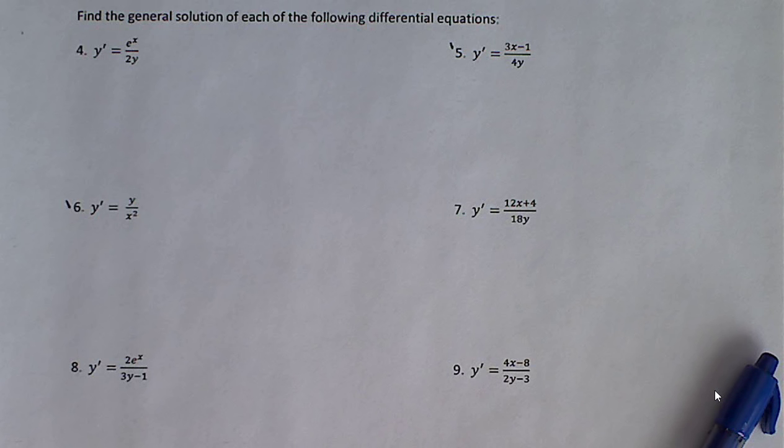That's what makes 6 more difficult. We'll talk about whether or not that's mathematically sound in a second. So (3x - 1) dx equals 4y dy.